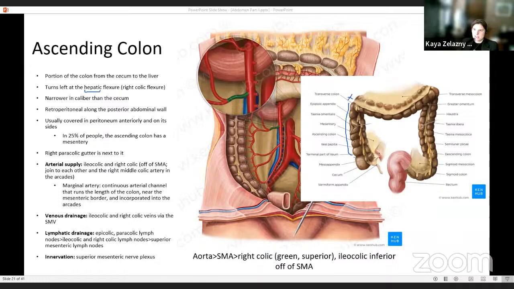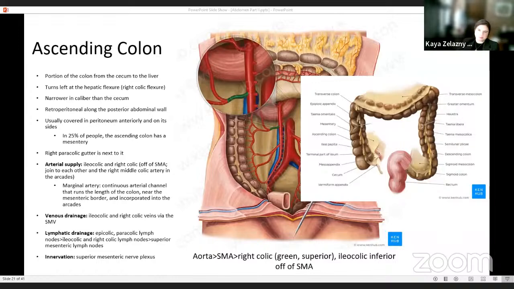And we'll also see that the ascending colon is retroperitoneal. So it's going to be stuck to the posterior abdominal wall. It is covered in peritoneum anteriorly and on its sides. And actually in about a quarter of people, it does kind of have a mesentery, so it might project a bit intraperitoneally, but because of its strong attachment to that posterior wall, we really would still consider it retroperitoneal overall.